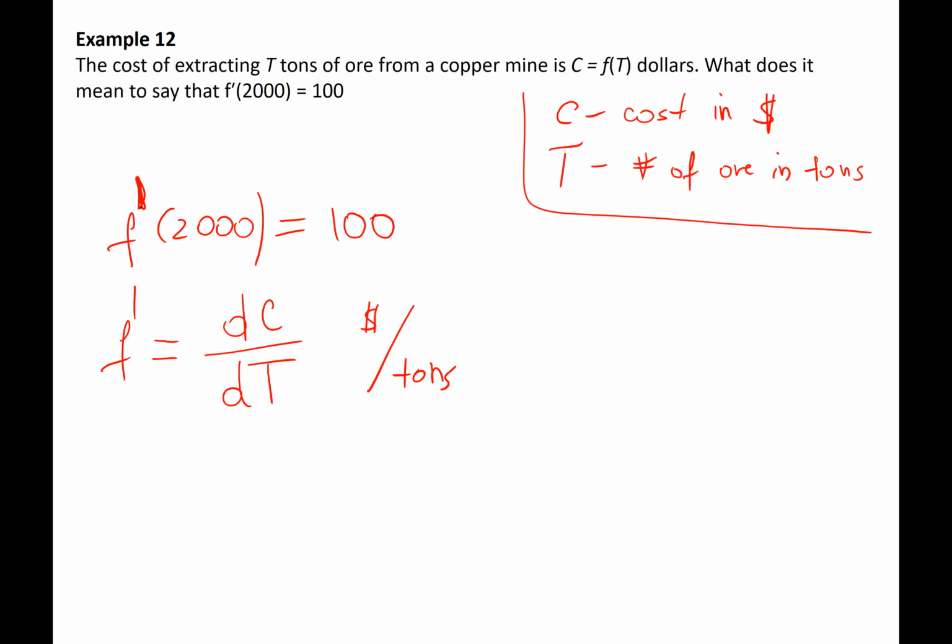This is the rate of change. That means $100 per ton. And to estimate, it costs about $100 to extract the next ton. That's the interpretation. That means when we have extracted 2,000, the cost of the next ton is approximately $100.